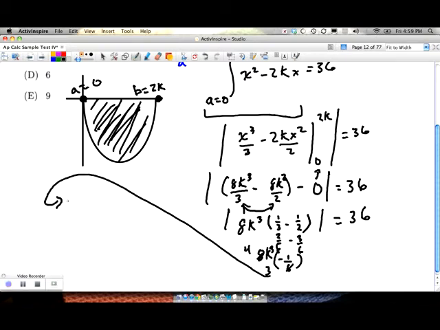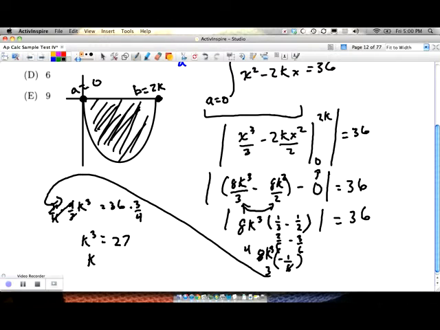So then I have 4/3 k cubed equals 36. This was negative, but I'm taking the absolute value of it, and the absolute value of that negative makes it positive. Well, if I multiply both sides by 3/4, 1/4 of 36 is 9, and 3 of those is 27.